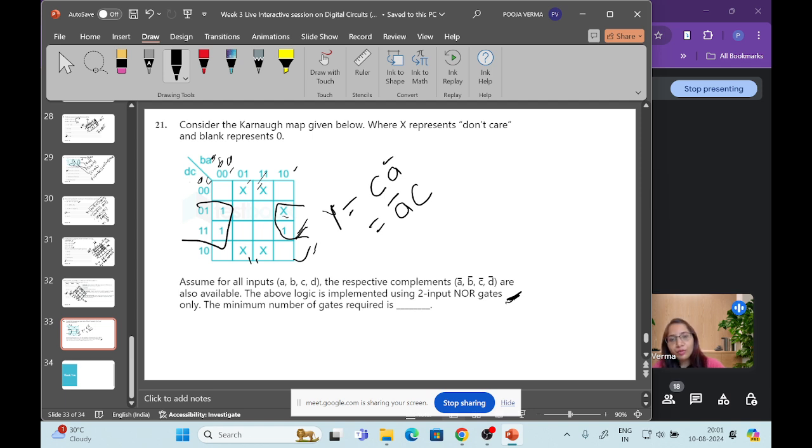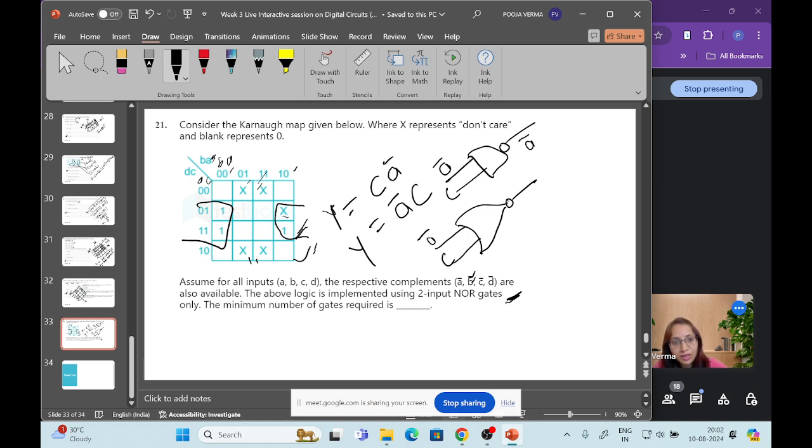Now we need to implement this using this expression. So how can we make it? Can we use a NOR gate? Because the complemented input is already available, right? Two inputs we need to give. So A bar C, if we are giving, or if we are using a NAND gate, so can we get A bar C?